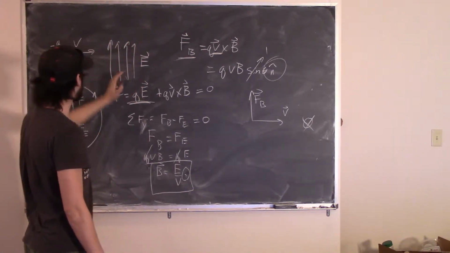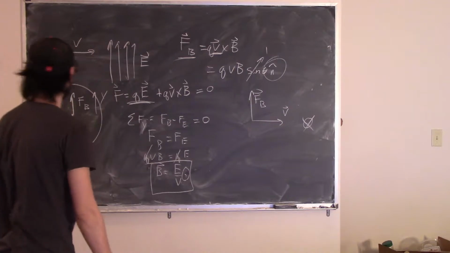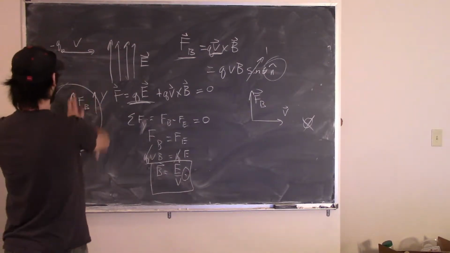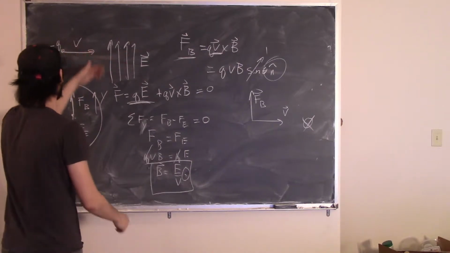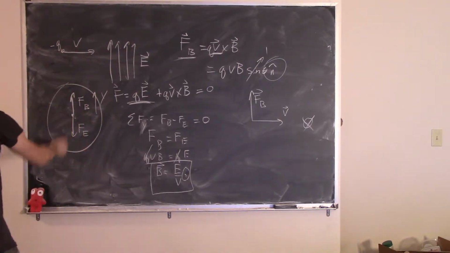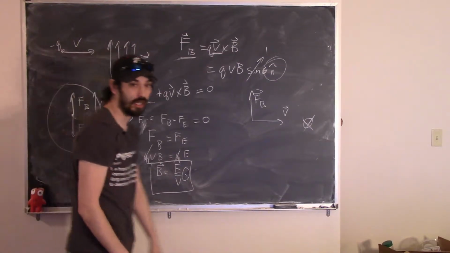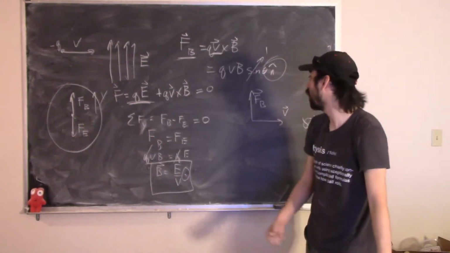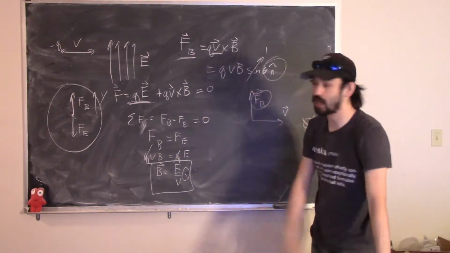But this Q is negative, the electric field points up, so that says the electric force points down. And so in order for this system to move through undeflected, my magnetic force needs to be opposite of the electric force. That's why the magnetic force has to be pointing up.